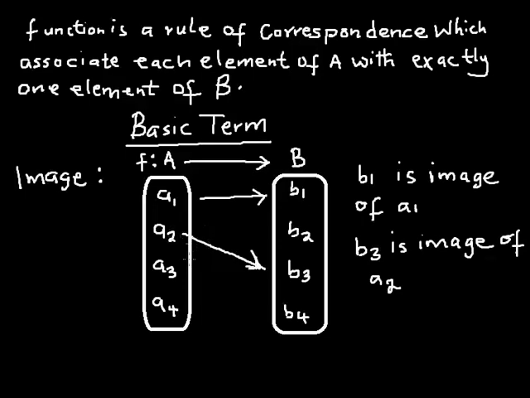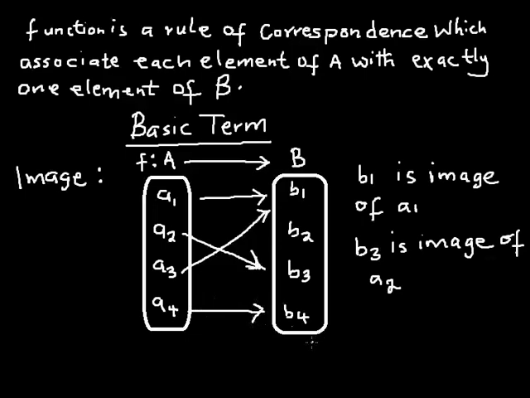It's also possible for two different elements in A to have one image. It is very much possible for that to happen. Then let's say I map A4 to B4.